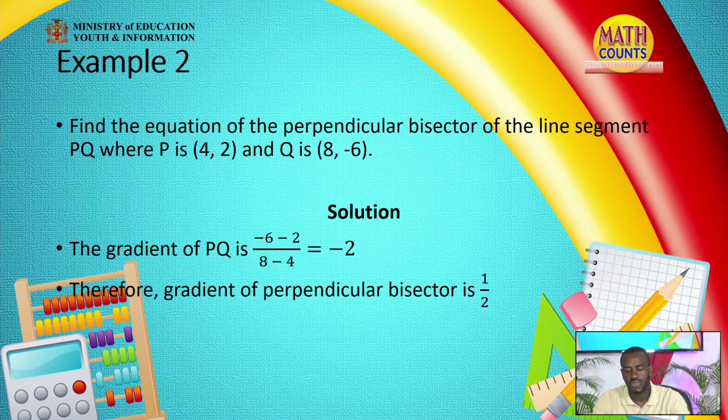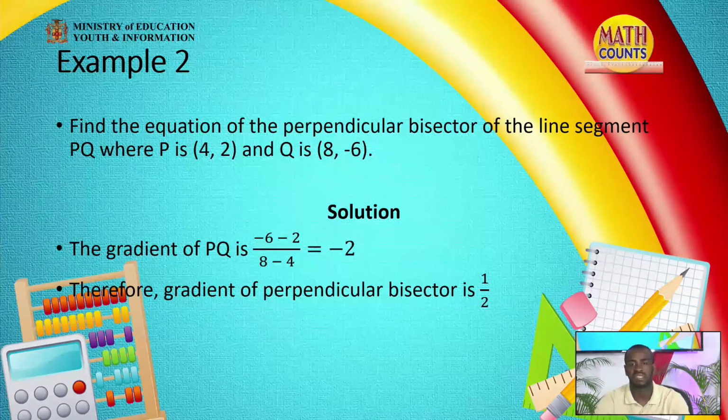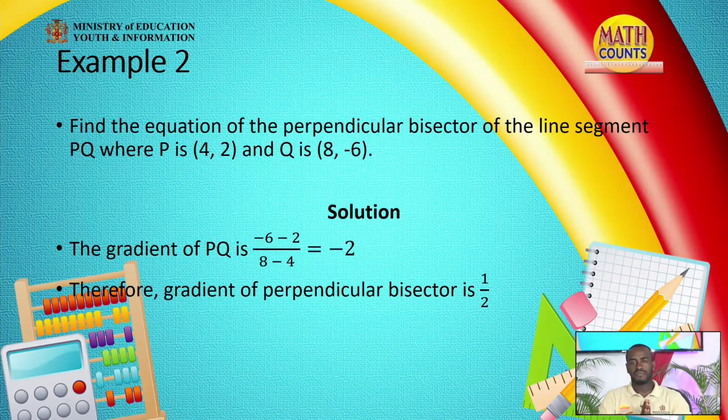And since we know that the gradient of PQ is negative 2, and as we had reviewed just now, that the gradient of a perpendicular line is the negative reciprocal of the other, then we know that the gradient of the perpendicular bisector is 1/2.